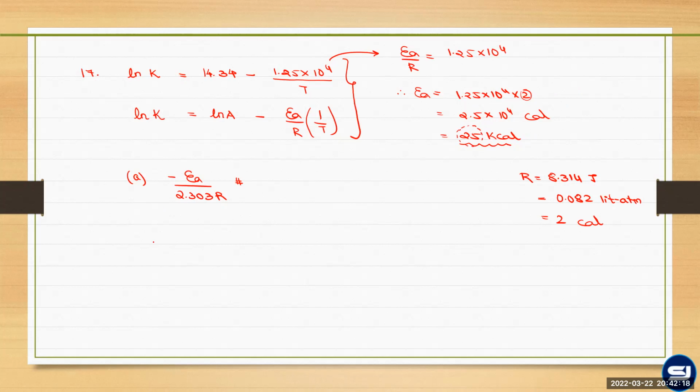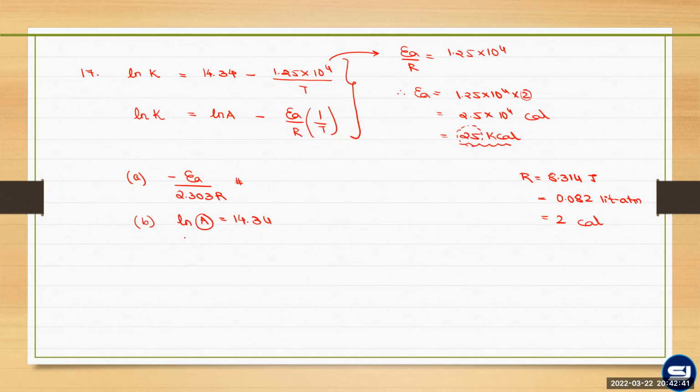दूसरा प्री एक्सपोनेंशियल फैक्टर इज 14.34. No, because if you compare, the ln of A you will get 14.34. To get A का value what would you do? Now ये ln to the base e है.